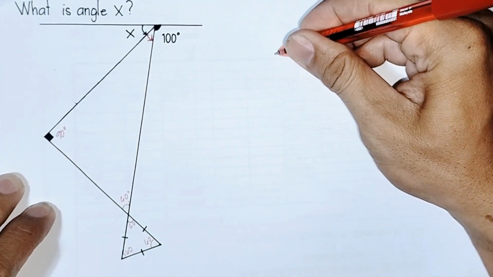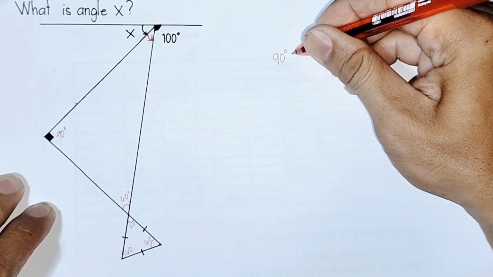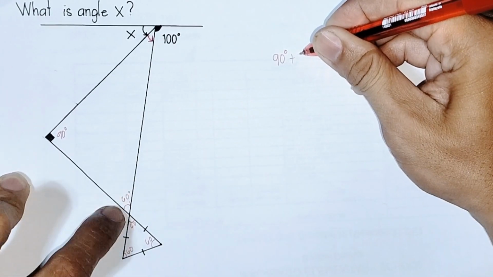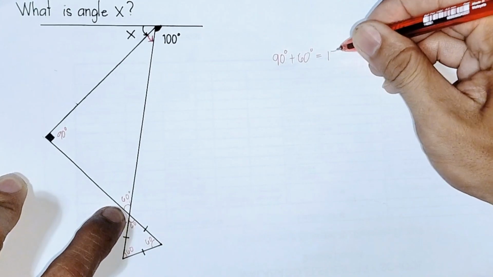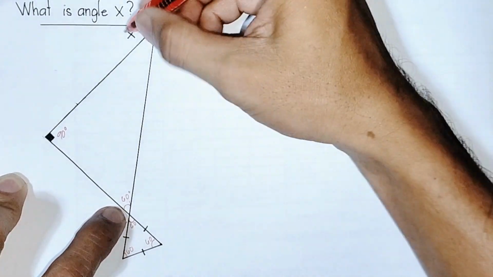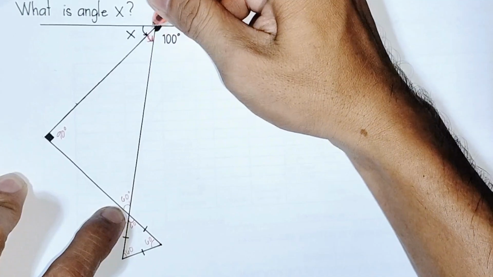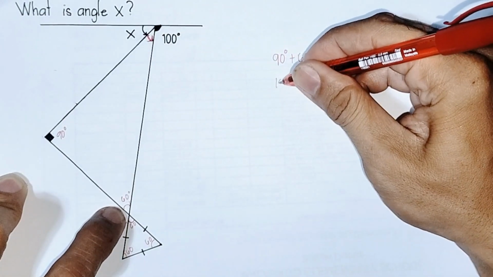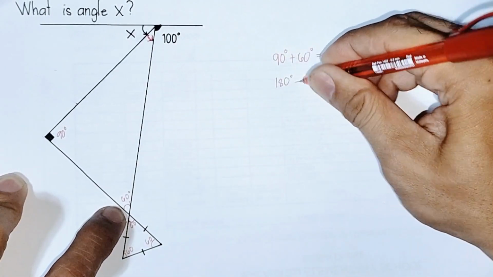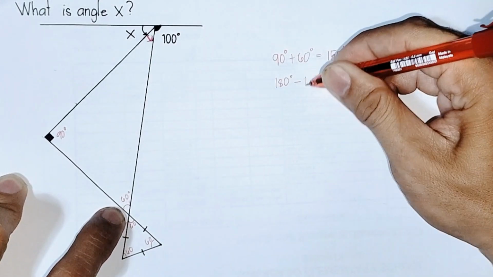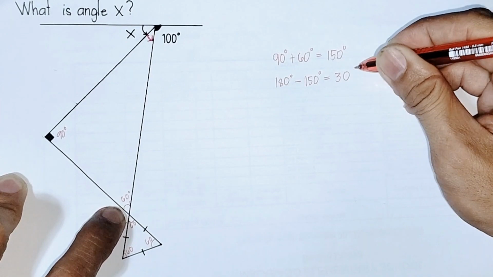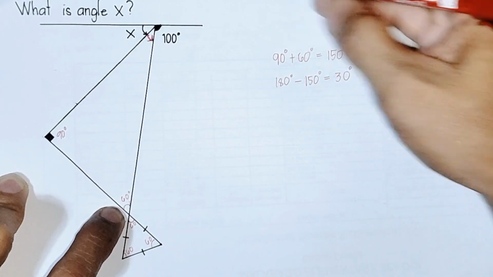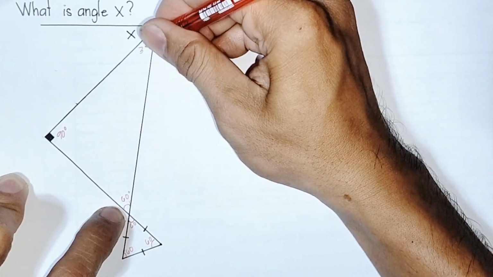We have this 90 degrees plus 60 degrees, and that is equal to 150 degrees. To find the measurement of this angle, we have to subtract 180 degrees minus 150 degrees, and that is equal to 30 degrees. So that means this is 30 degrees.